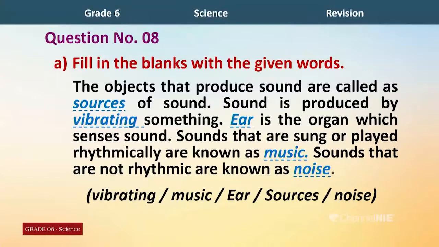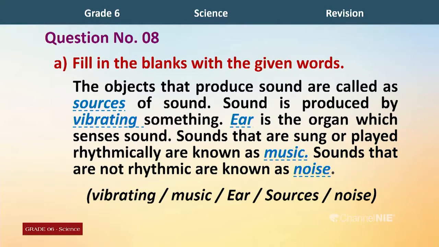There is a paragraph. You have to complete the paragraph with suitable words. Fill in the blanks with the given words. The objects that produce sound are called sources of sound. Sound is produced by vibrating something. We know that sound is produced as a result of vibrations.